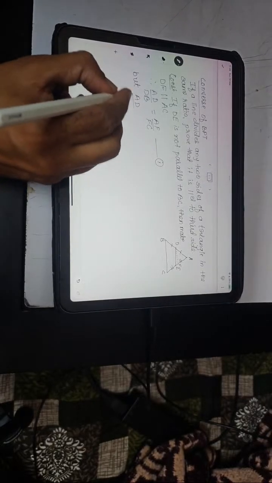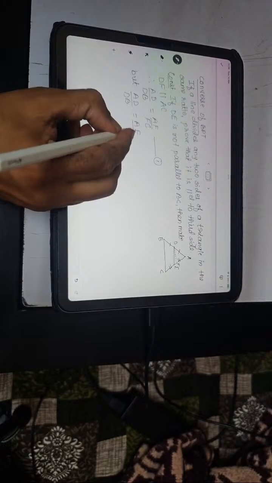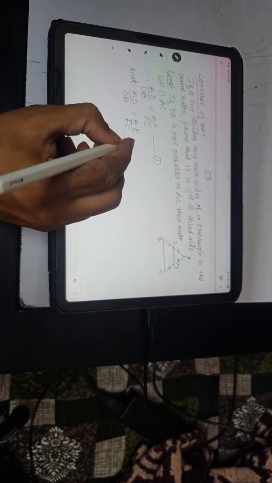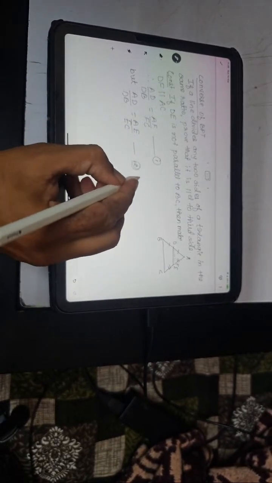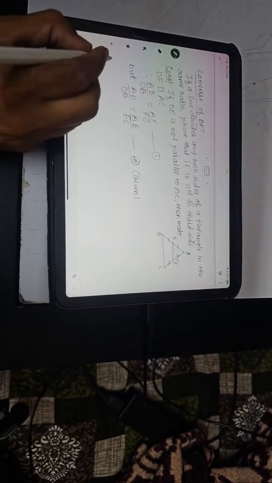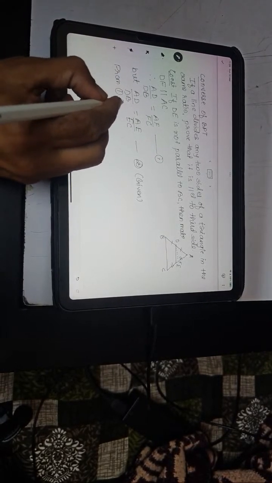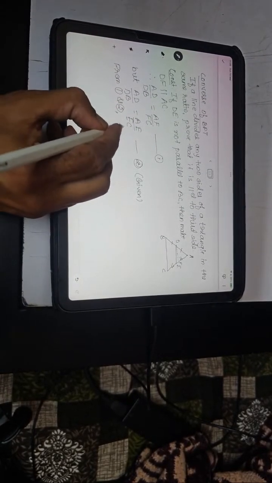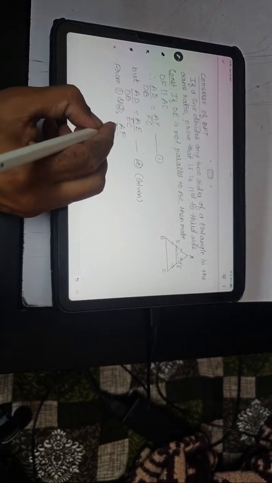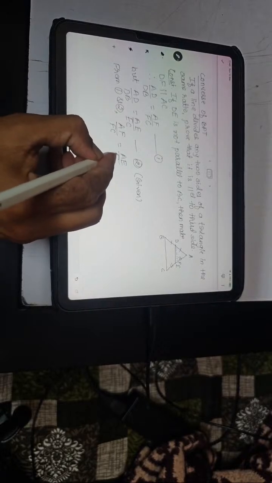AD upon DB equal to AE upon EC. This I am given, so this is number 2. So from 1 and 2, AF upon FC equal to AE upon EC.